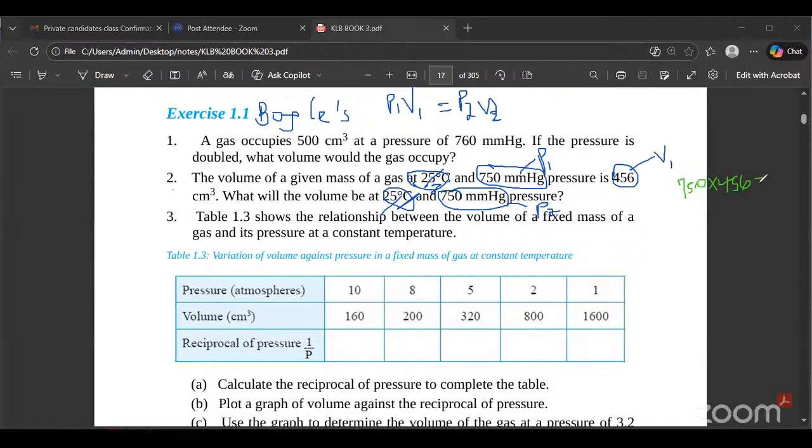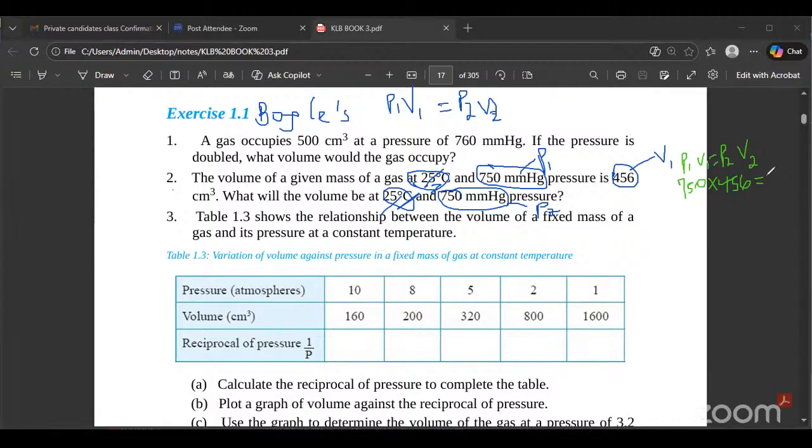So we have pressure 1 and pressure 2. This one is P1 V1, and I must write P1 V1 is equal to P2 V2. That is Boyle's law. So we are solving Boyle's law.